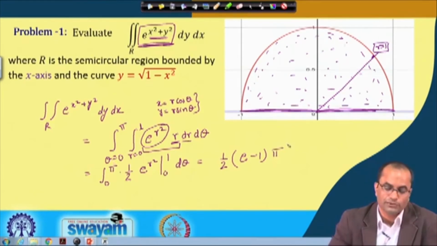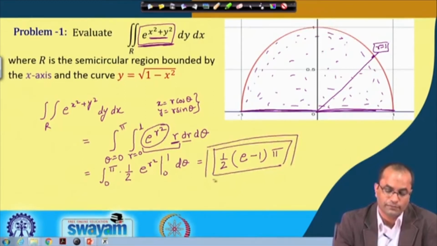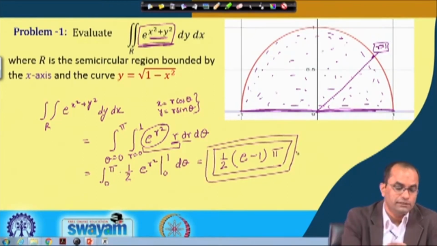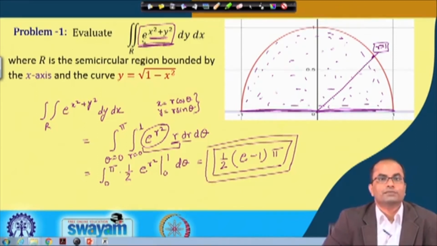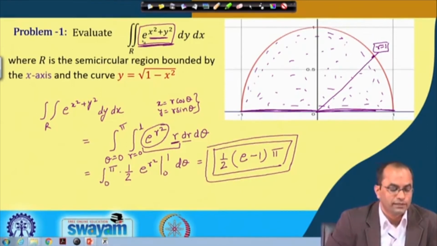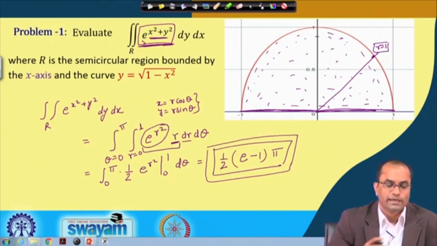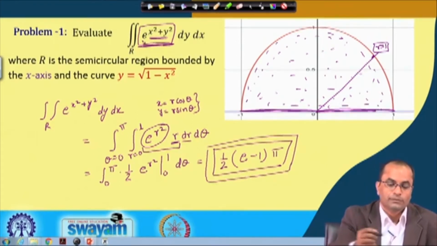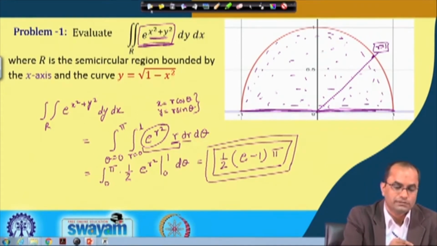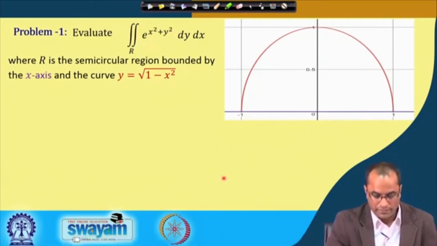So, it will be pi by 2 times e minus 1, that is the value of the integral of e power x square plus y square dy dx. So, again using this polar coordinate, this is much simpler to evaluate.